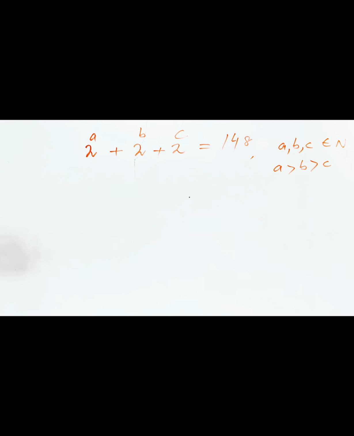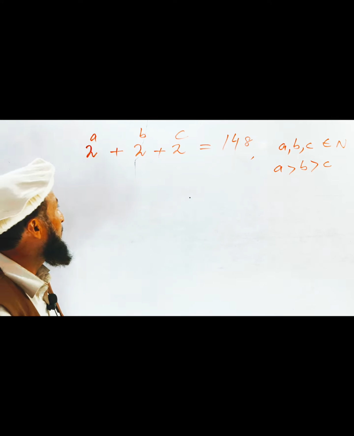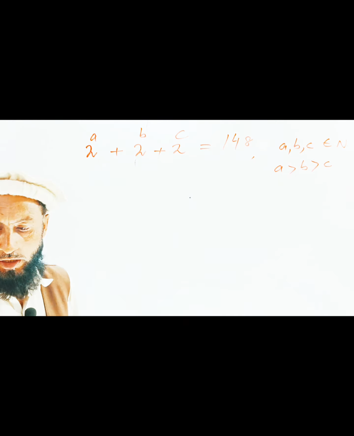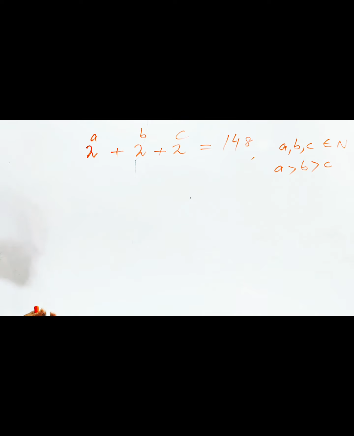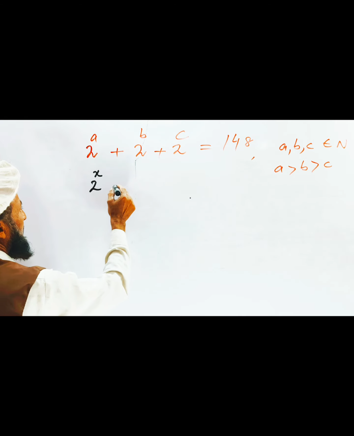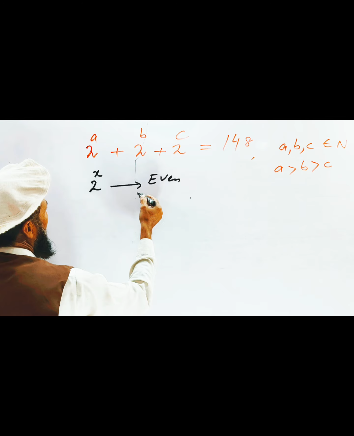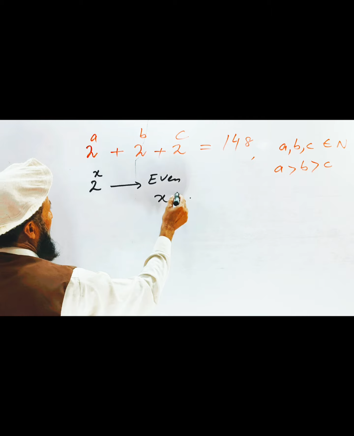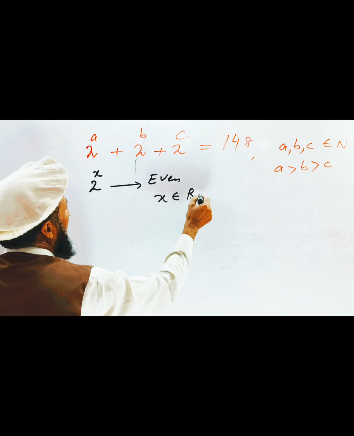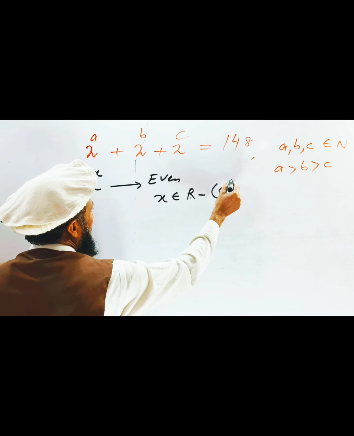According to the definition of exponential equation, we have an exponential form. Here the base is 2, so 2 exponent of x is an even number, because x belongs to real numbers except 0.